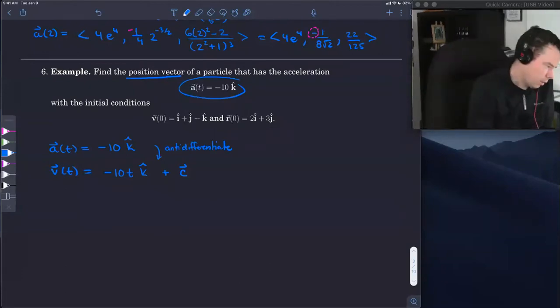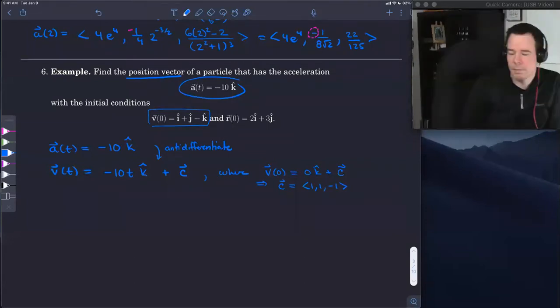And what do we know about c? Well, we have that there's some initial values that our velocity has to satisfy. So where v of 0 is equal to 0 k hat plus c, or in other words, where c is equal to 1, 1, negative 1.